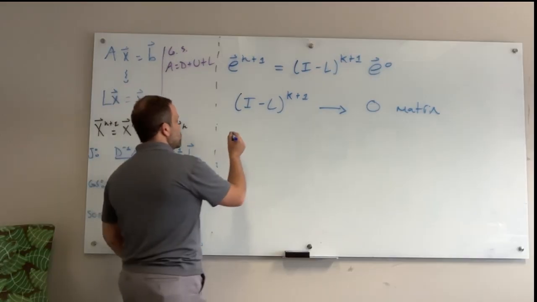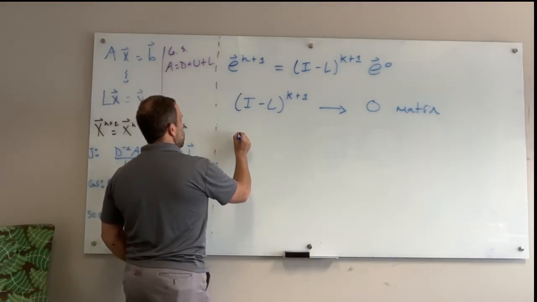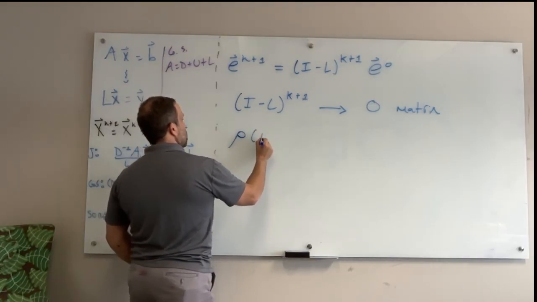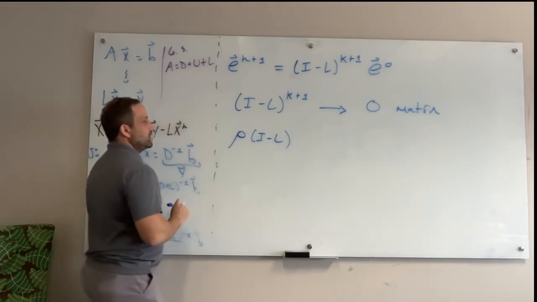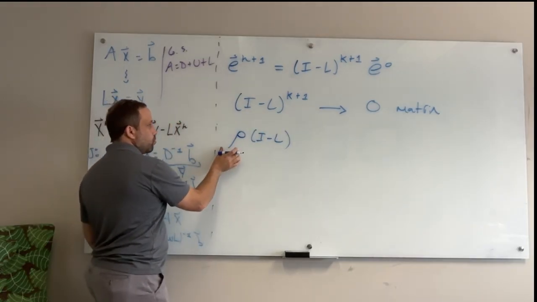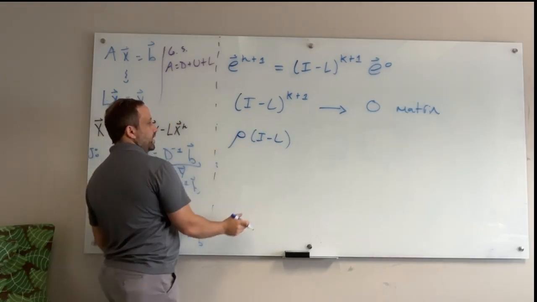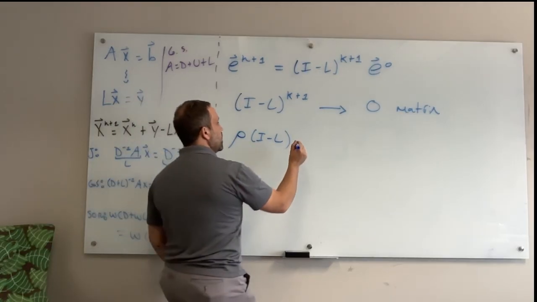The spectral radius, typically denoted as rho of I minus L, is the spectral radius of this matrix.